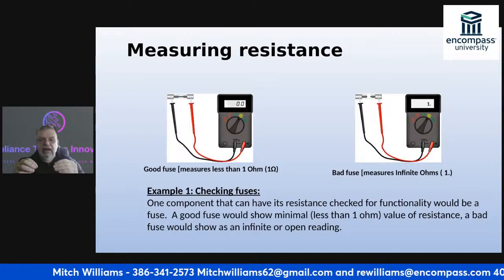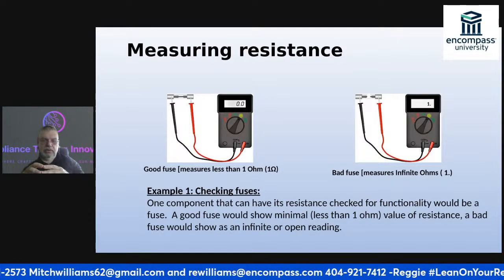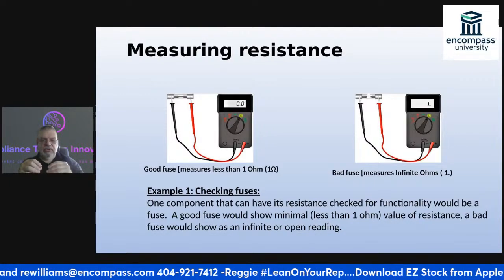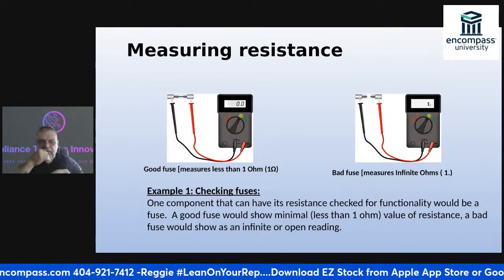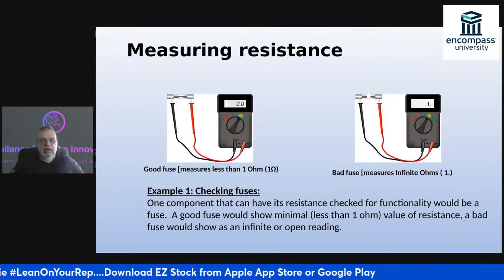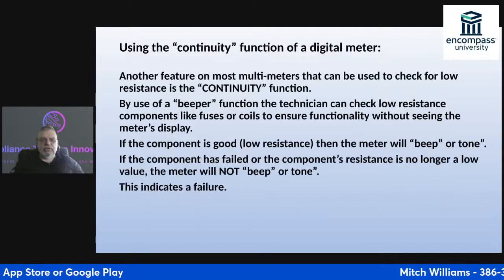If I have a bad fuse, I have infinite resistance. One component that can have resistance checked for functionality would be a fuse. A good fuse would show a minimum of less than 1 ohm of resistance. A bad fuse would show infinite resistance.